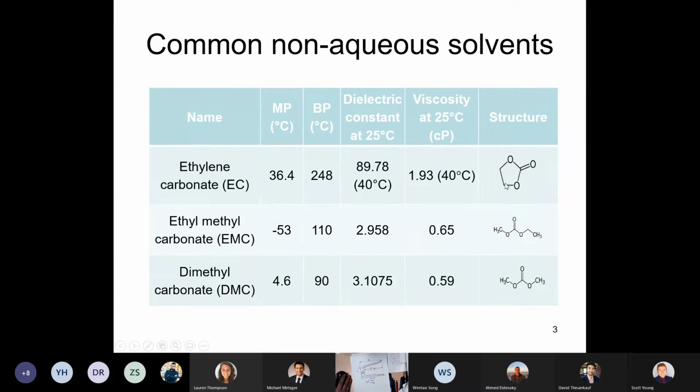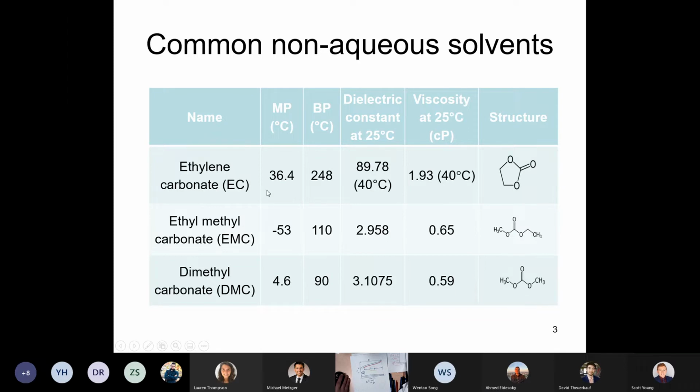So there are 2 hydrogen atoms here and 2 hydrogen atoms here, so EC has 4 hydrogen atoms not specifically shown. Ethyl methyl carbonate has 2 hydrogen atoms on this carbon vertex here, not shown. And all the hydrogen atoms are shown on dimethyl carbonate here, okay?